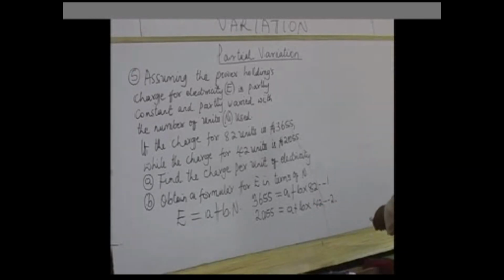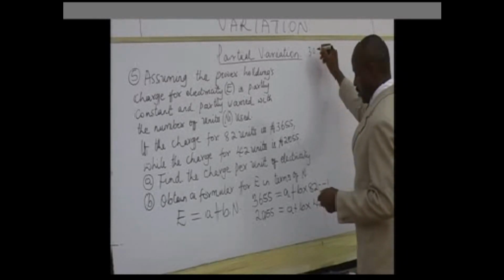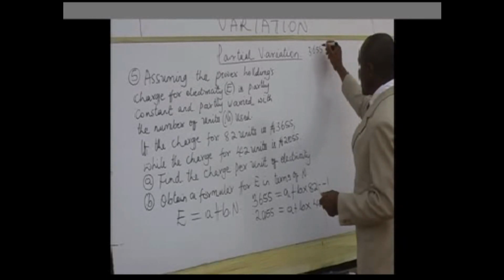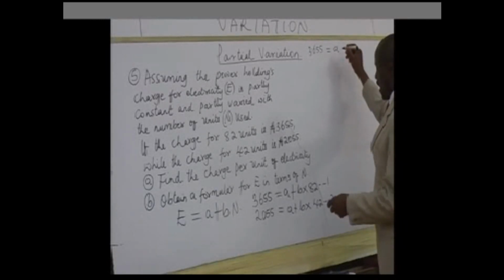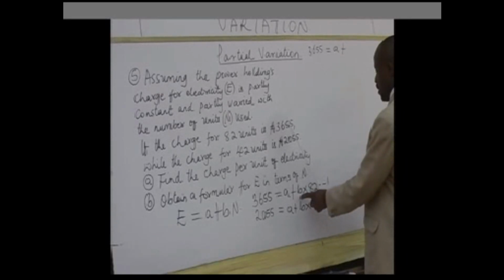Our equation 1 is going to be 3,655 naira is equal to A plus 82 times B, which gives you 82B.